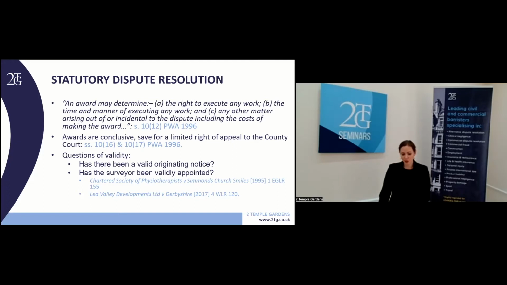Now, in an ideal world, the parties are on good enough terms to appoint a single surveyor on a joint basis. That's always the default position. But unsurprisingly, that isn't always the case. Now, if the parties can't agree on a single surveyor, then each party appoints their own, who between themselves agree on the appointment of a third surveyor.